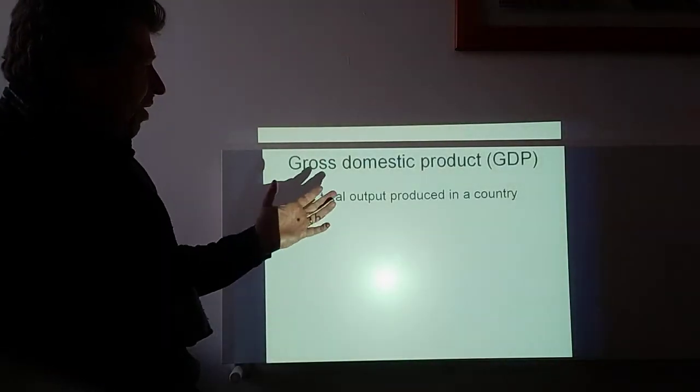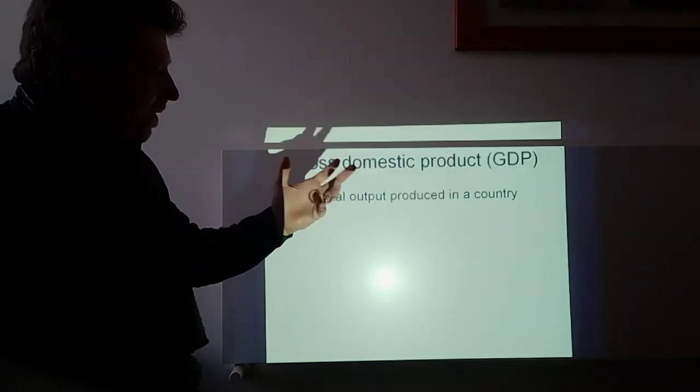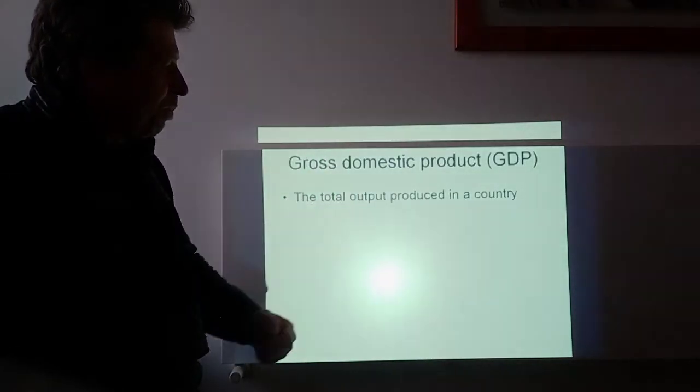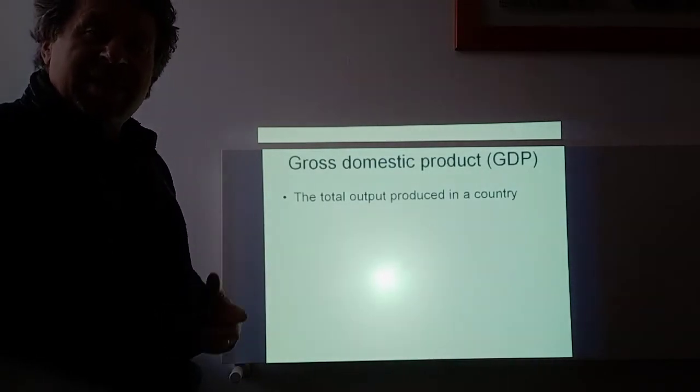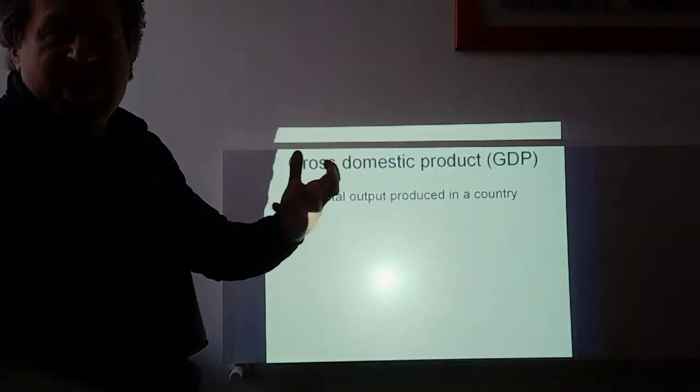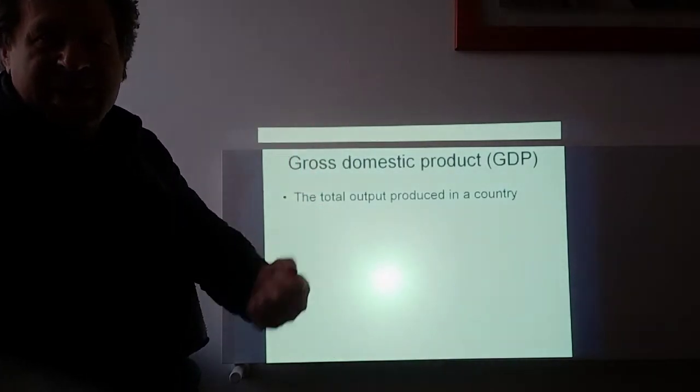If we look at the GDP, which is the gross domestic product, is the output, the total output produced in the country, this is equal. This output is equal to the income and to the expenditure.